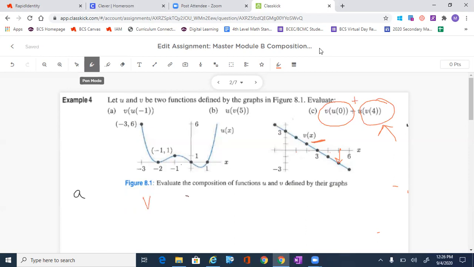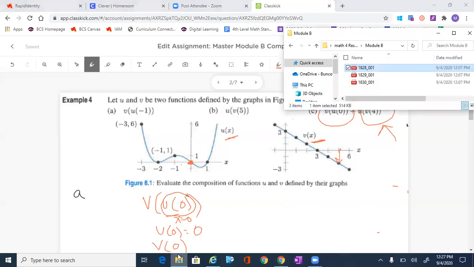So let's start with V of U of 0. I'm going to go to U of 0. The U graph is right here. I go to 0 on the X, and I get the answer 0. So U of 0 equals 0. So this whole part is now equal to 0, and I have to find V of 0.